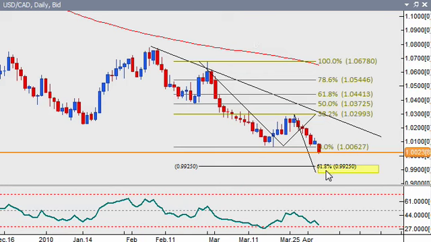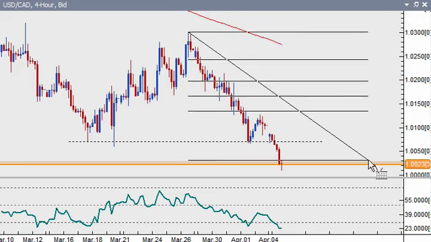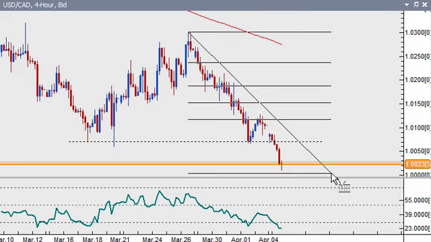Okay, so that's the dollar Canadian dollar. Momentum very bearish, not oversold yet in the daily. It is oversold in the 4 hour, so anticipate some kind of correction, although it should be a very short correction, and you could actually use your Fibonacci levels. Let's say it goes to the parity level.